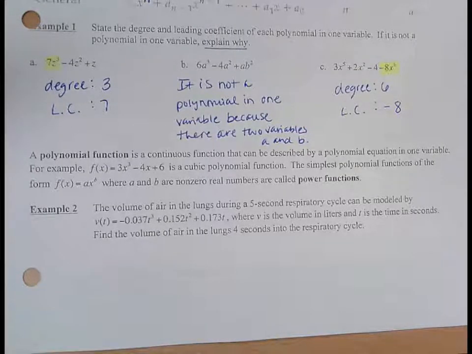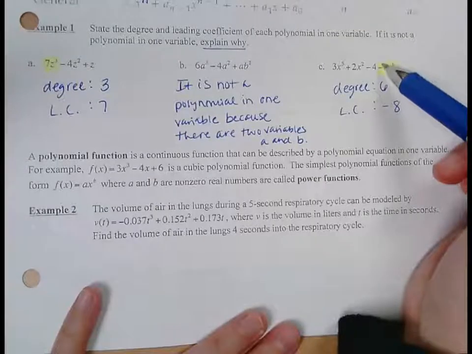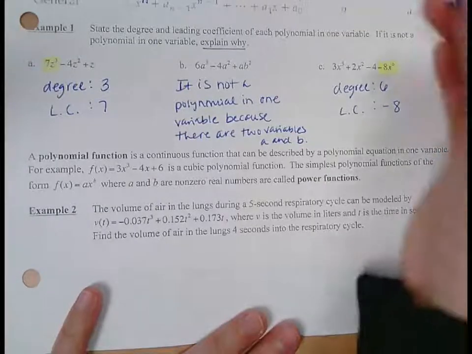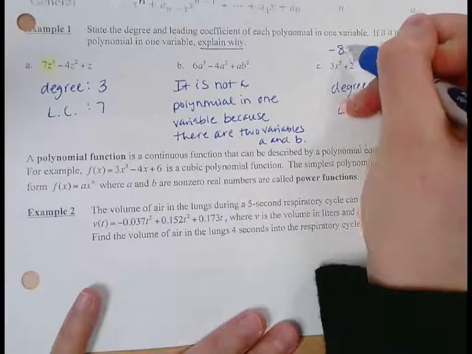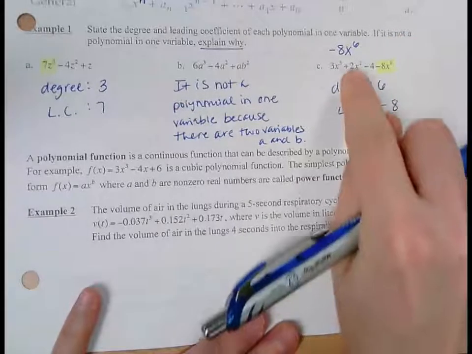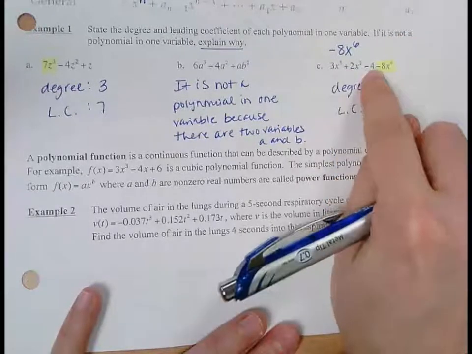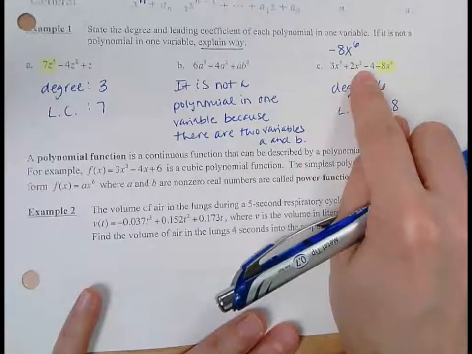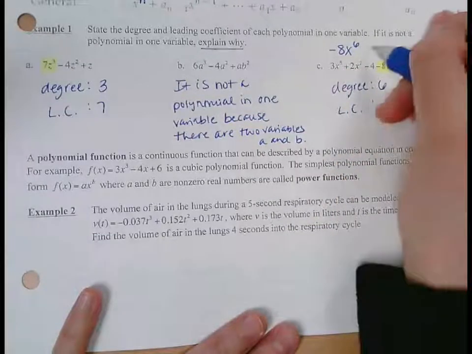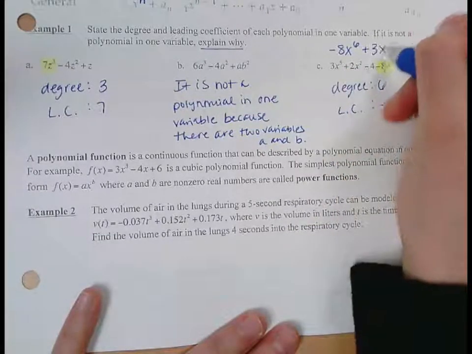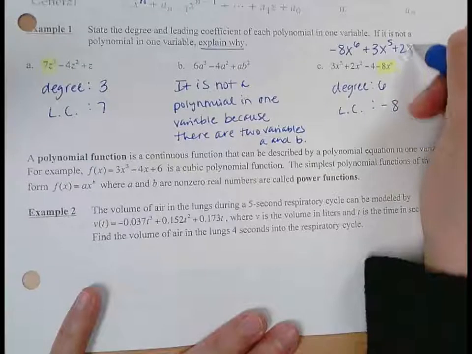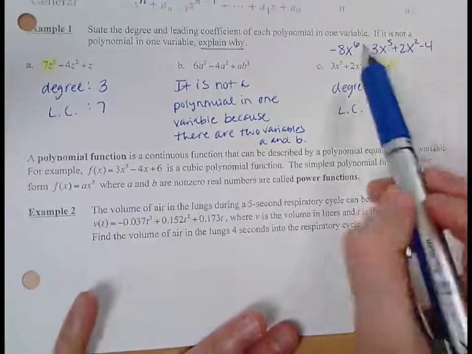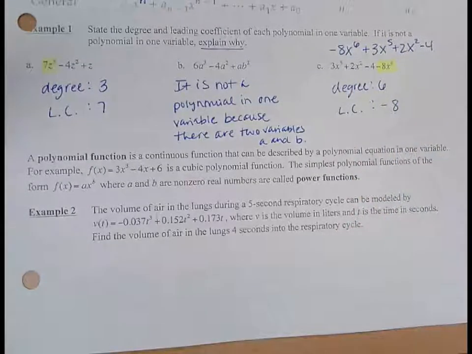So if you were to write this in standard form, this term should be first. So I would have to write it as negative 8x to the 6th, and then the rest of the terms were actually in order. They just should have been after. So then I would have plus 3x to the 5th plus 2x squared minus 4. So make sure you understand what standard form is.